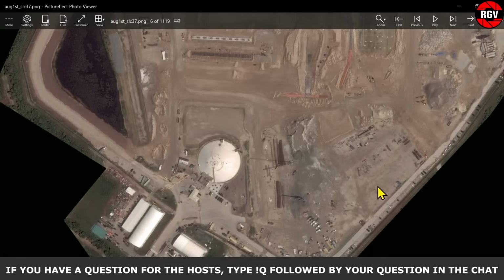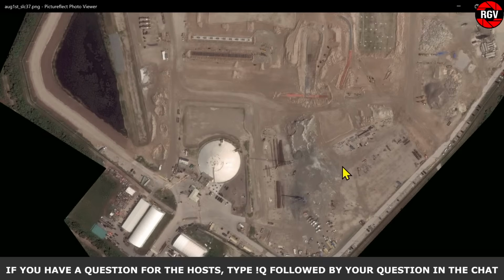At the bottom of the image, you can see the circle where the tower and trench are going to go. Right in here.